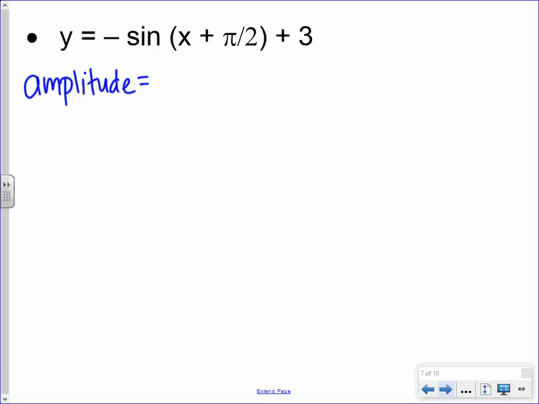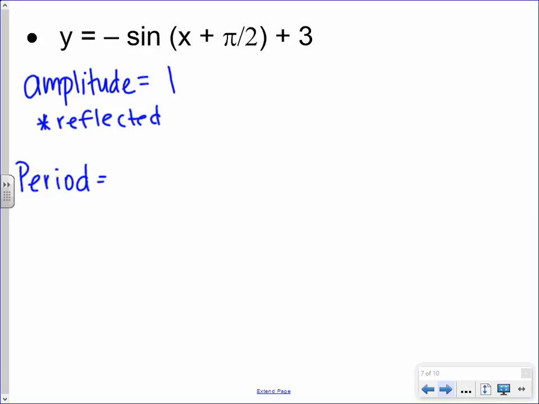It's 1. You make it just the absolute value of the A. So it's 1, Kelly? Okay. But we will make a note that it will be a reflected sine graph. So we will have a sine graph that will go down first instead of up.